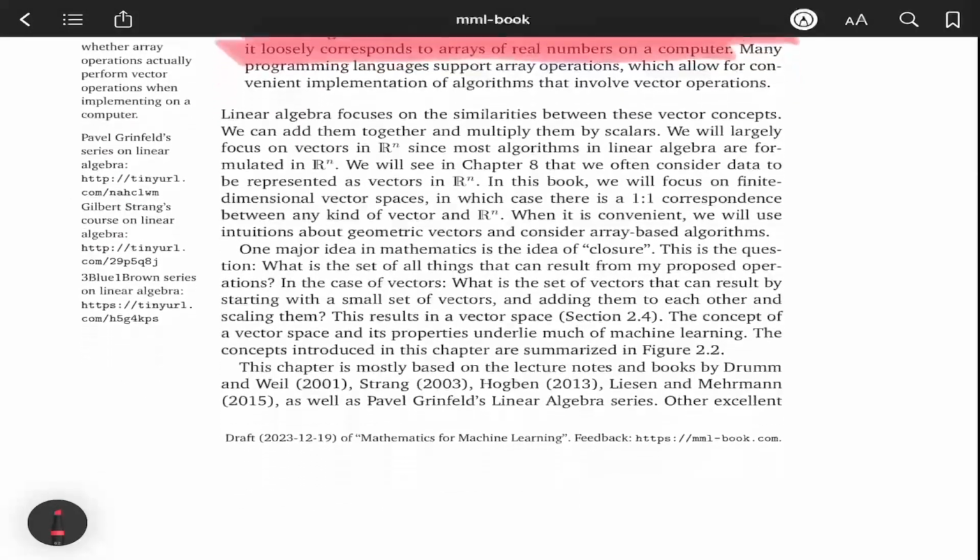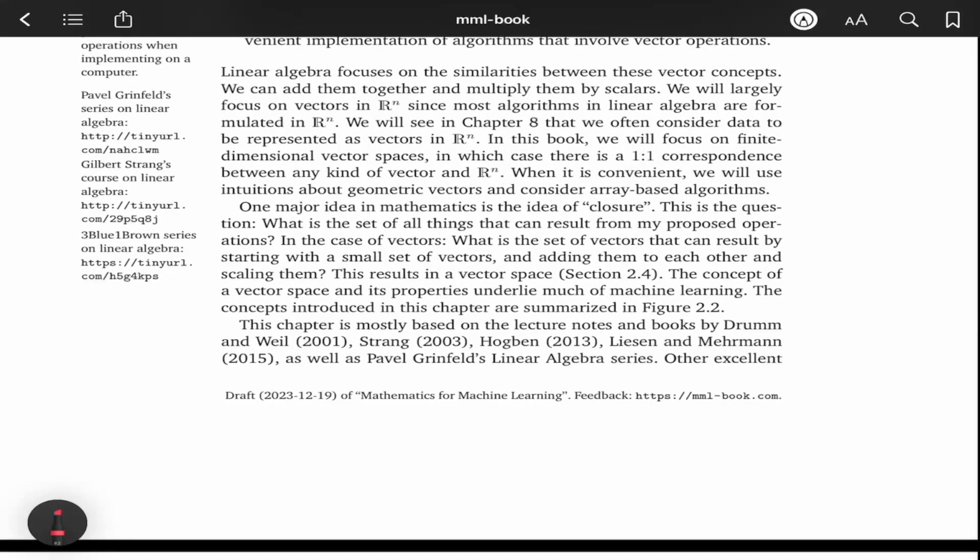Okay, let's go on. Linear algebra focuses on the similarities between these vector concepts. We can add them together and multiply them by scalars. We will largely focus on vectors in Rn, since most algorithms in linear algebra are formulated in Rn.